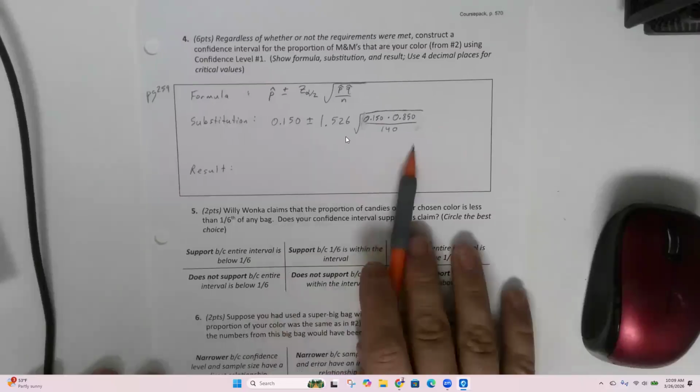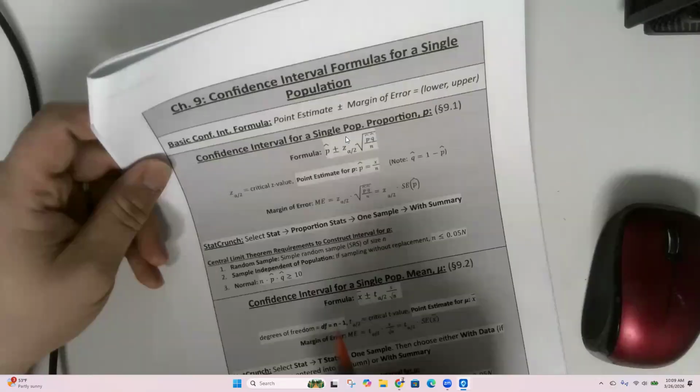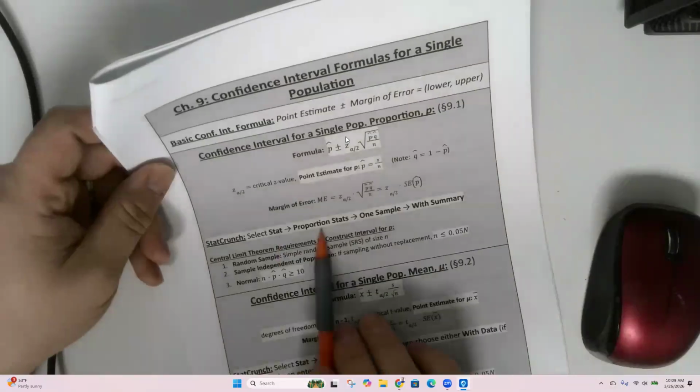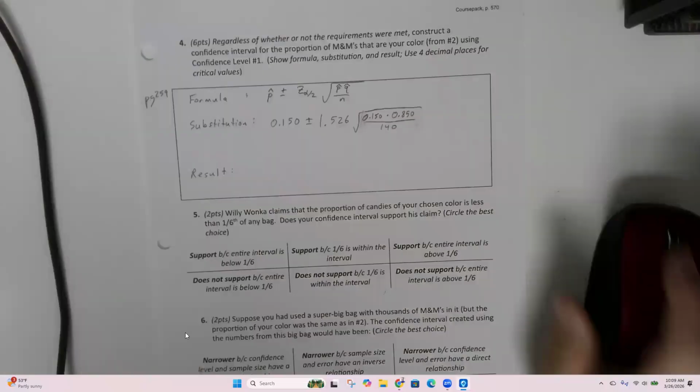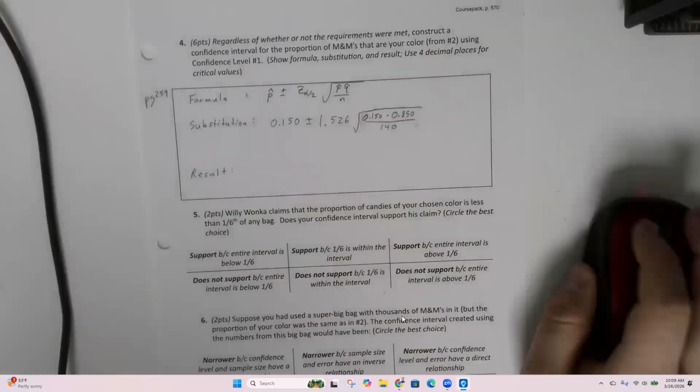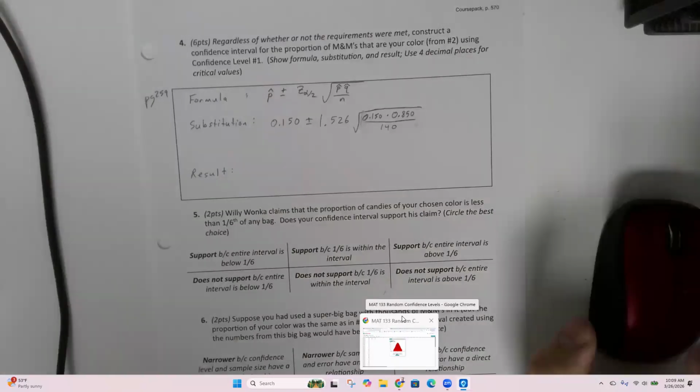The other option is what it says on page 259: Stat, Proportion Stats, One Sample with Summary. Either one is fine; you're going to get very small differences in your answer.